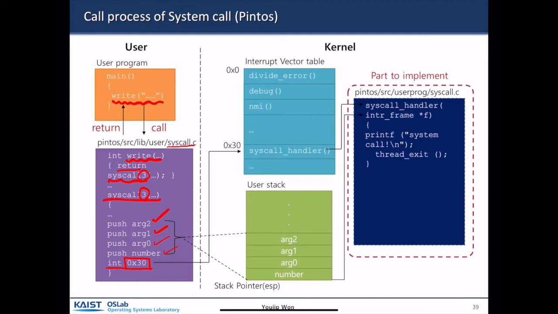And here, if you look at interrupt 0x30, there is an interrupt handler for this interrupt, and then there is a body called syscall_handler. That function is currently empty. So to implement a system call, you have to fill this out.